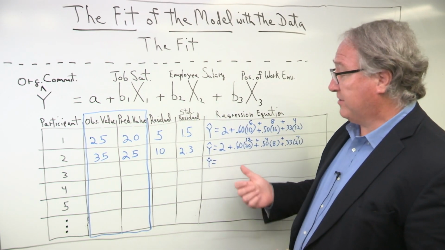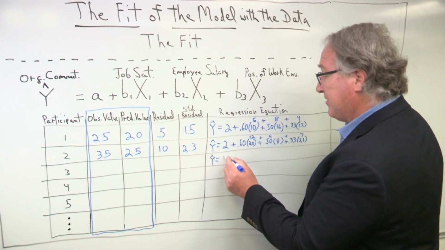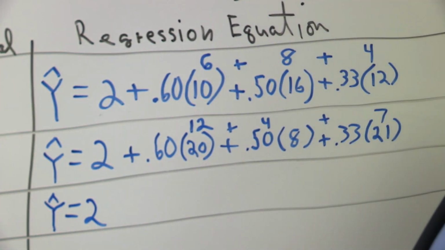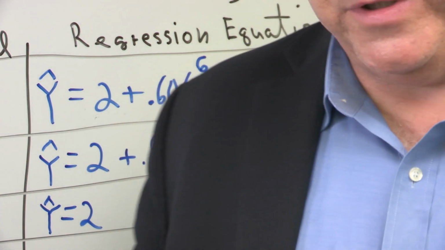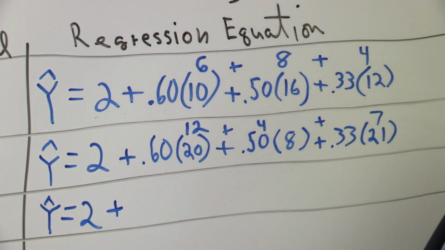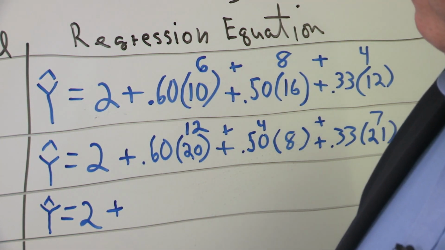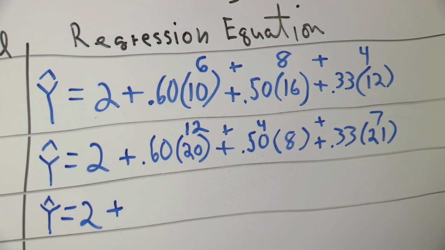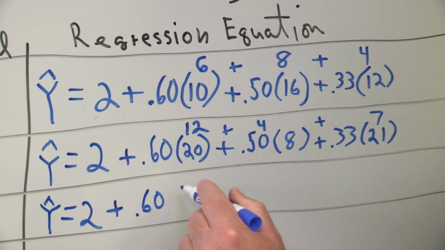So, what's the constant? Well, you know, because it doesn't change from participant to participant, so it continues to be 2 plus the unstandardized regression coefficient for predictor variable 1. You know what it is because it doesn't change across your participants, so it continues to be 0.60.